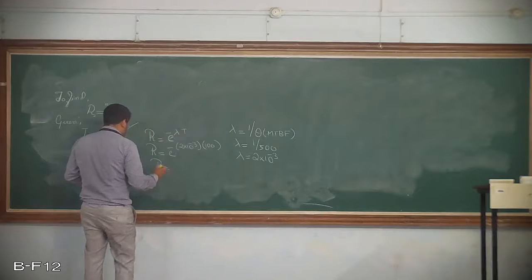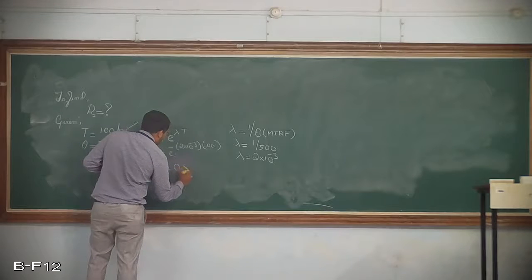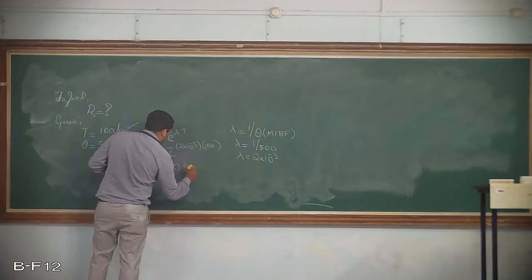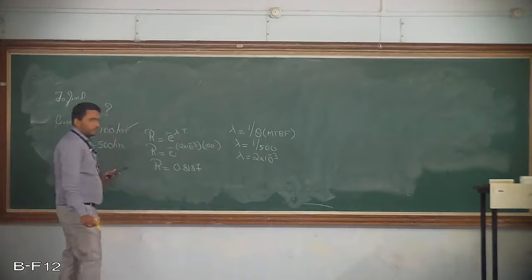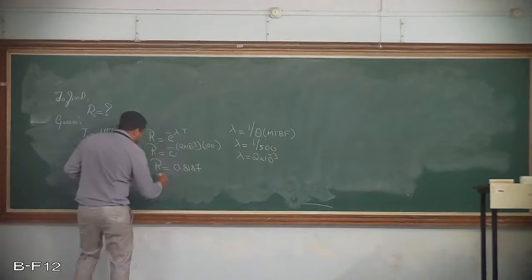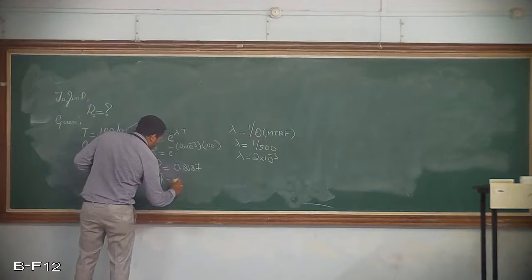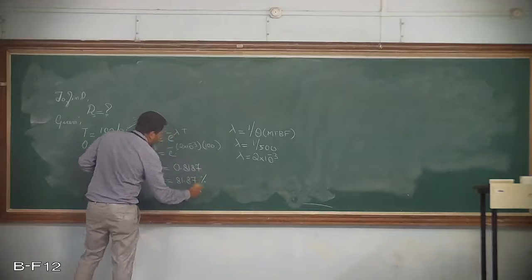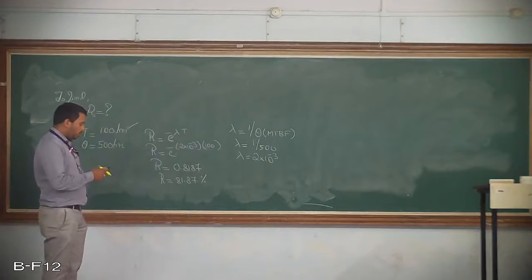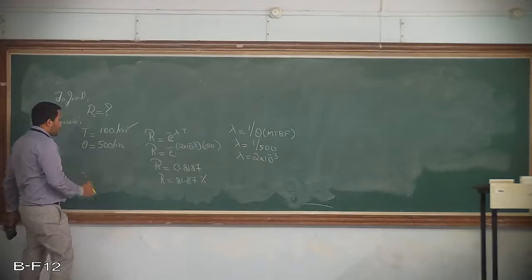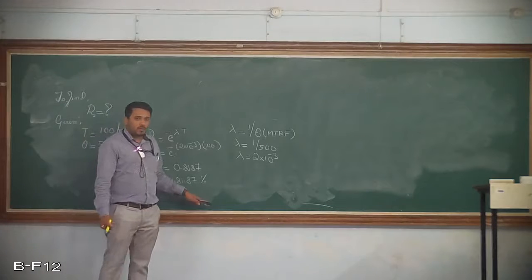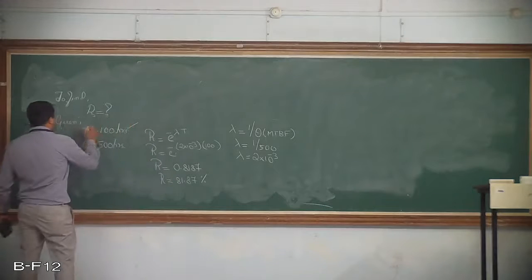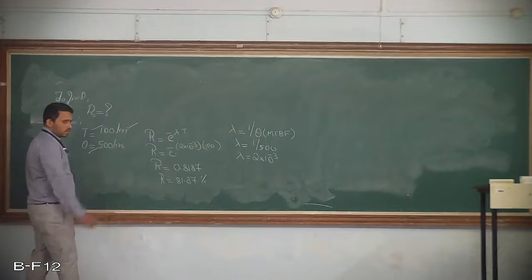So it will come as 0.8187. If you want to express in percentage, it will be 81.87 percentage. So in the given problem, the product is 81.87% reliable, assuming this data.